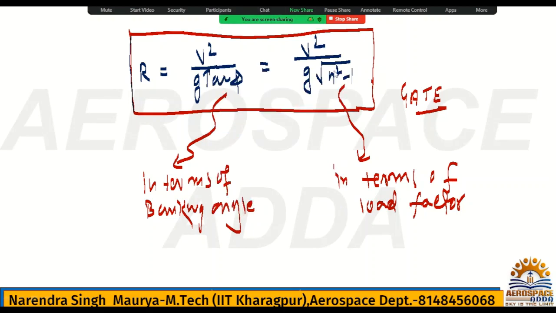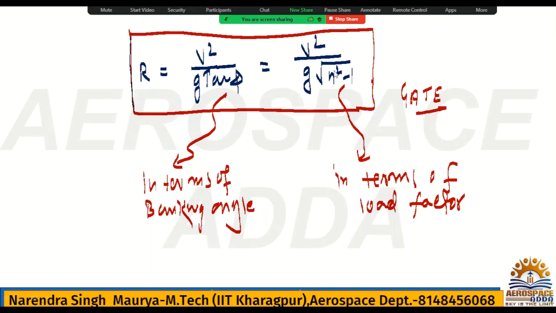So this is one important parameter called radius of turn or turn radius. Second is nothing but time required to turn. What time has been taken to turn the aircraft?